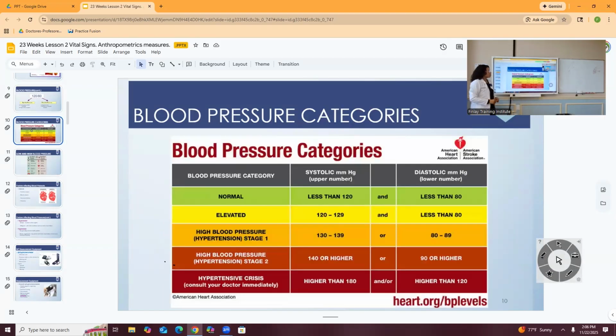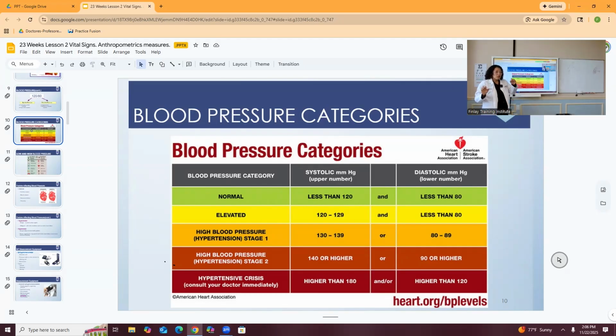The American Heart Association gives a classification of hypertension based on the normal numbers of 120/80. We have to evaluate the patient, okay?